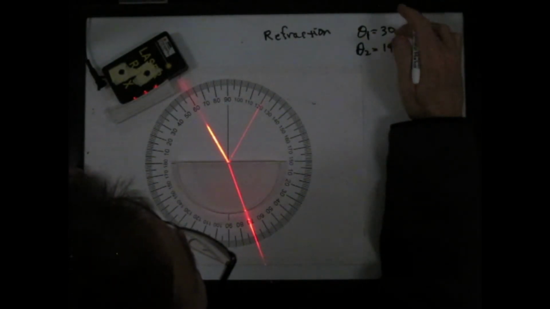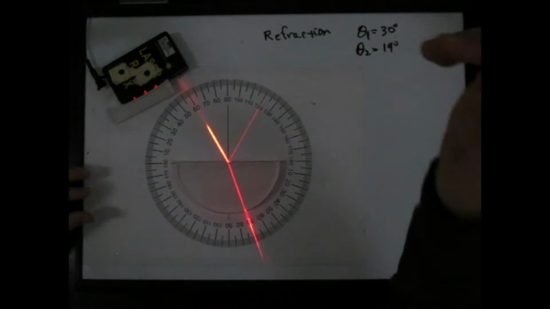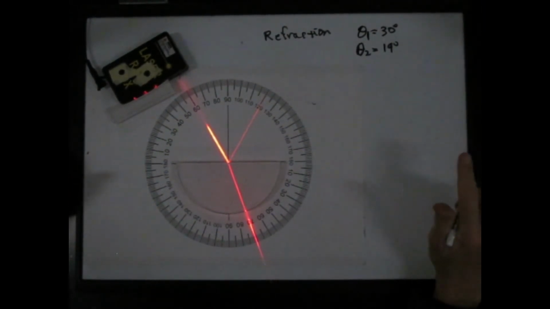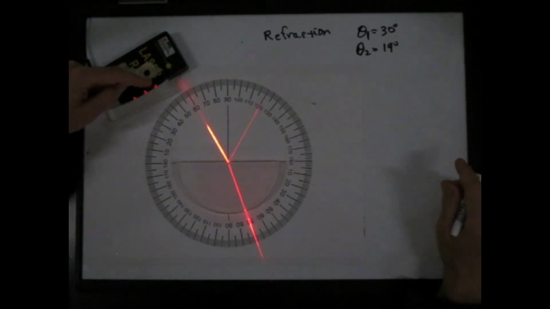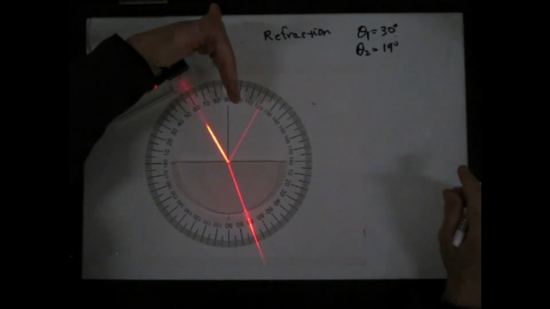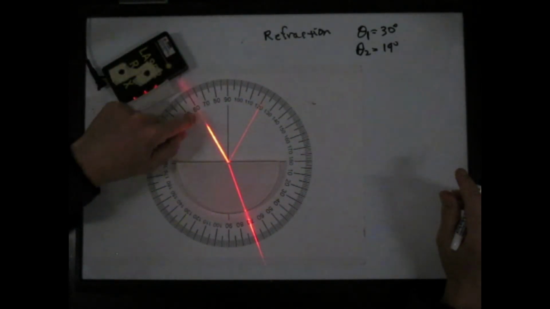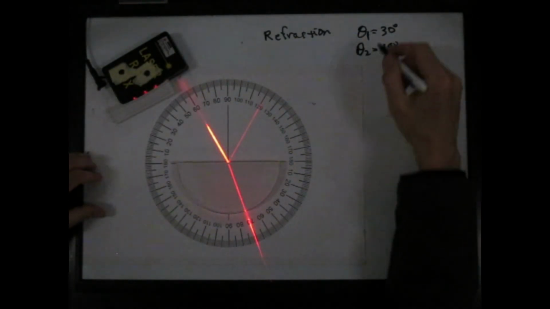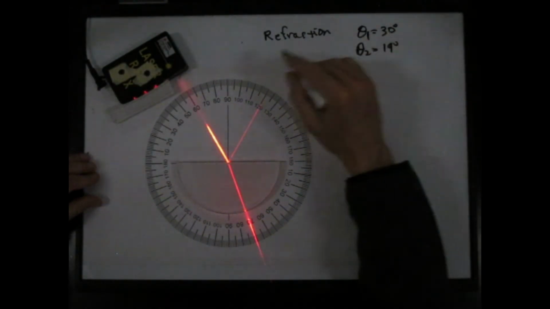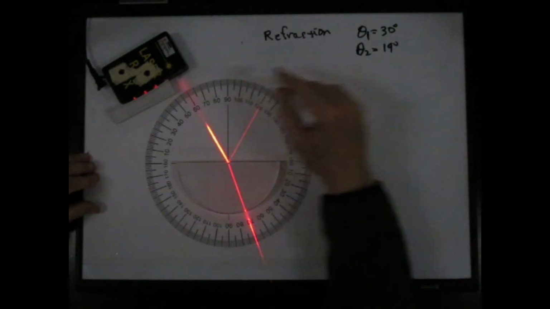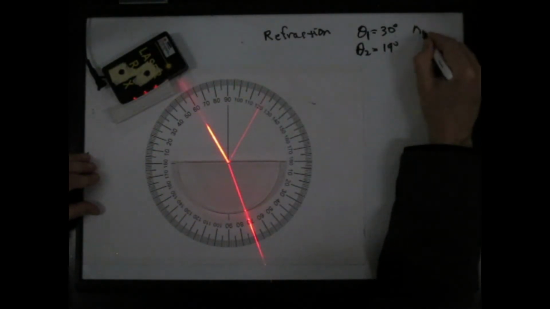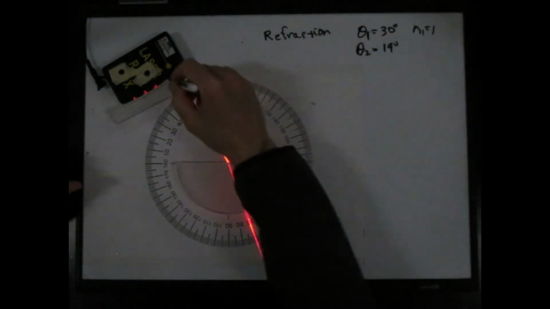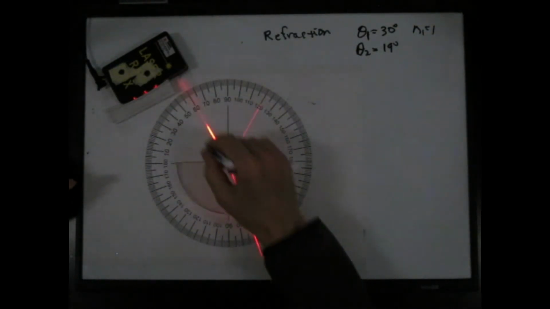Why is this not 30? I've moved the angle of the laser from 90 degrees over to the 60 degree mark, but the angle of incidence is relative to the perpendicular. So this is theta 1 equals 30 degrees. N1, in this case, is just 1, because N1 is air.